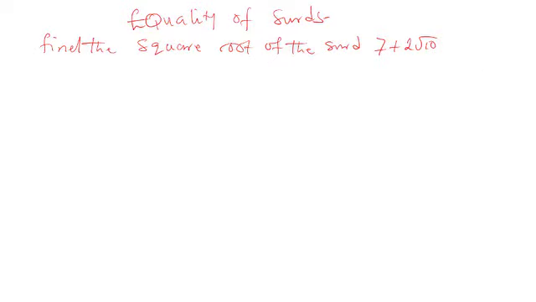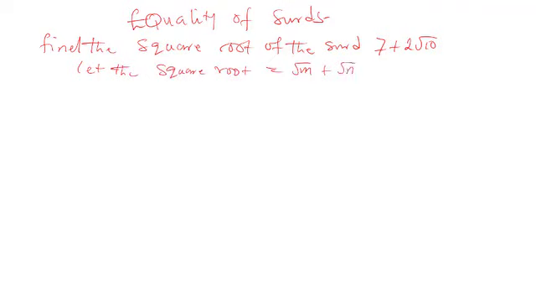So if we say the square root of this, let the square root be equal to root m plus root n, since we have this and this.